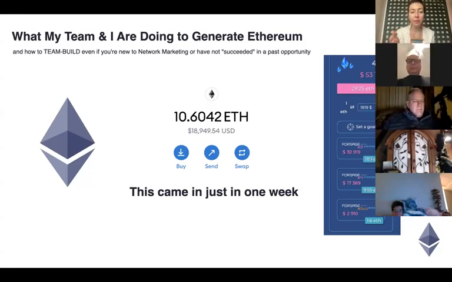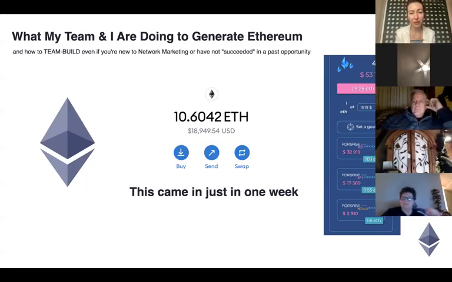As soon as my team started building and people started getting access to this smart contract system, the ETH hit my wallet. This is why Mike was able to generate over 800 to 900 ETH in a short time, and our team was able to generate 12,000 over 3 months.